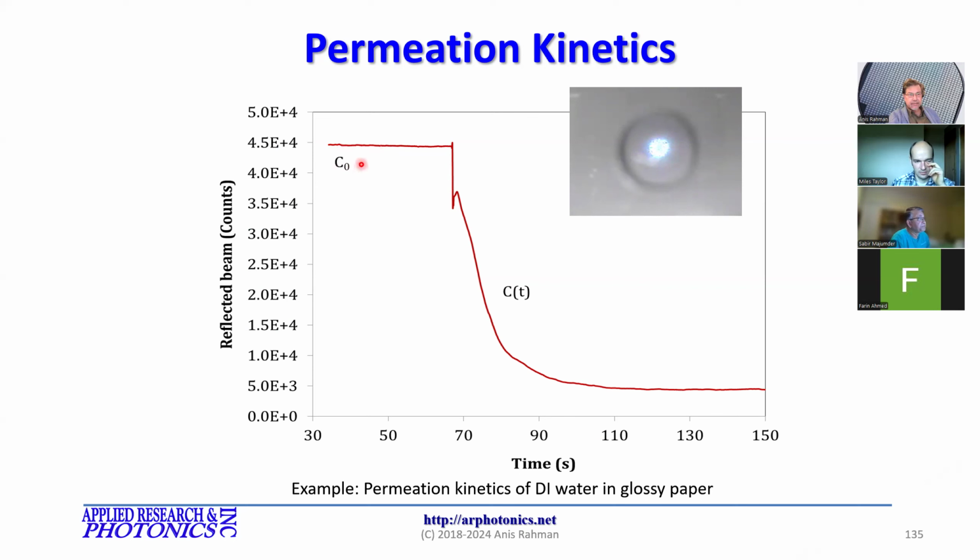There's the reflected intensity corresponding to the blank paper or substrate, whatever the substrate may be. At this point, we have dropped that little drop of water, about 50 to 100 microliters. You use a micropipette to drop that kind of volume. And then the molecules of the water start penetrating. As it starts penetrating, the reflected intensity is decreasing. And eventually it saturates because no more is penetrating in there. So this is the kinetics.